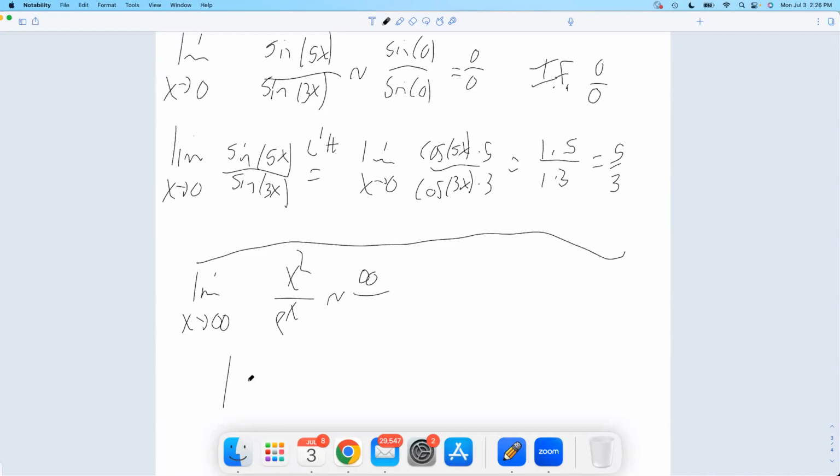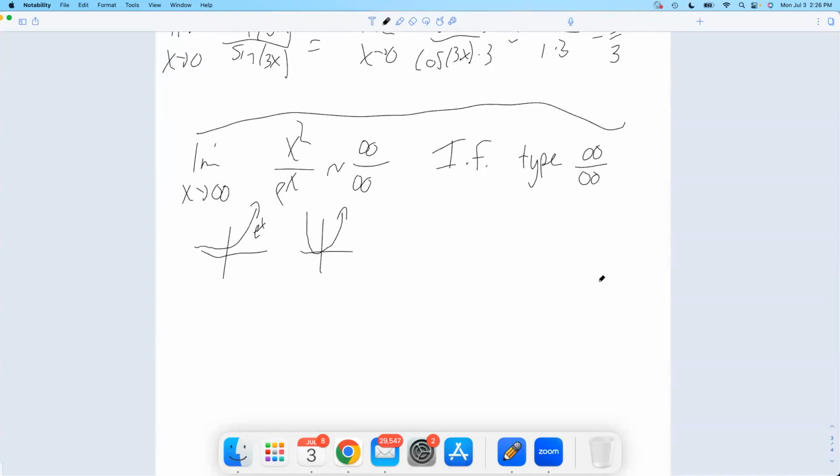What does e to the x do? Think about the graph of e to the x. Here's e to the x. Here's x squared. Both of them are going to infinity. So I have an indeterminate form of type infinity over infinity.